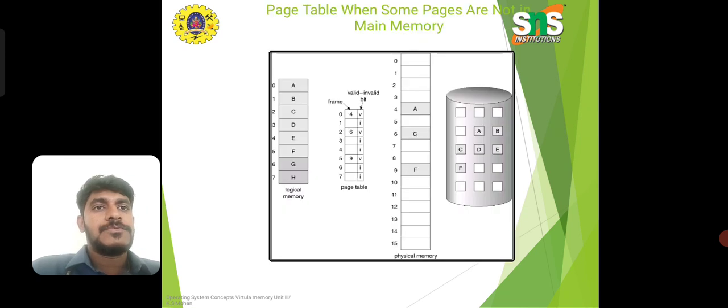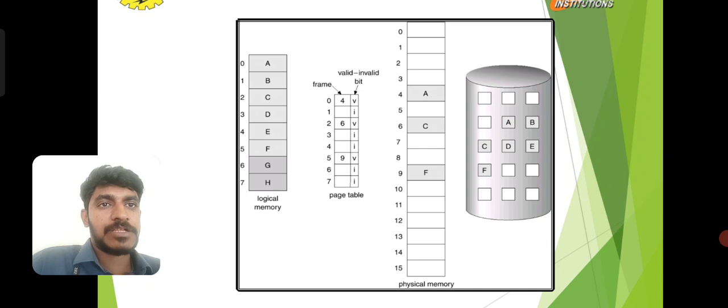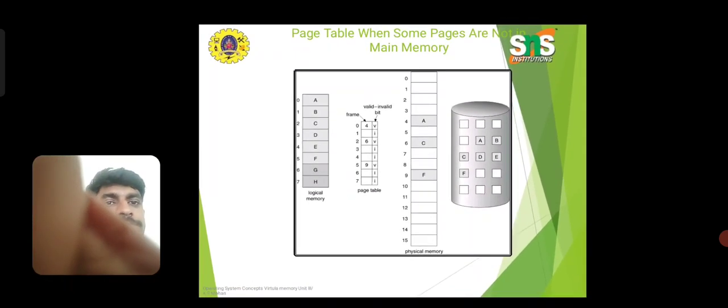Some pages are not in the main memory. Here we have the physical memory with A, B, C, D, E, F, G, H, the logical memory, and the page table with frame numbers and valid and invalid bits.